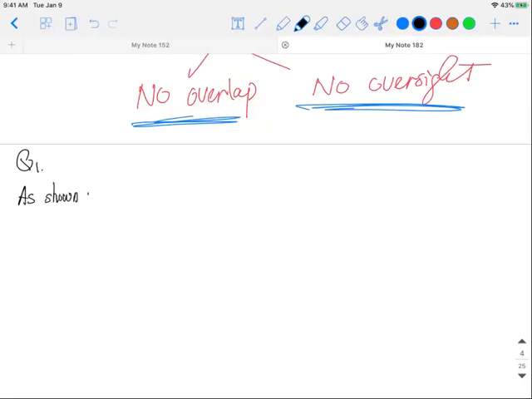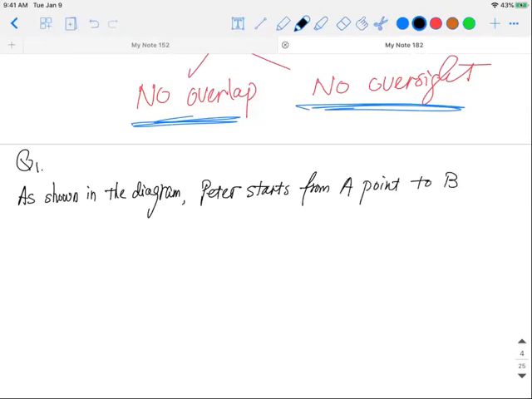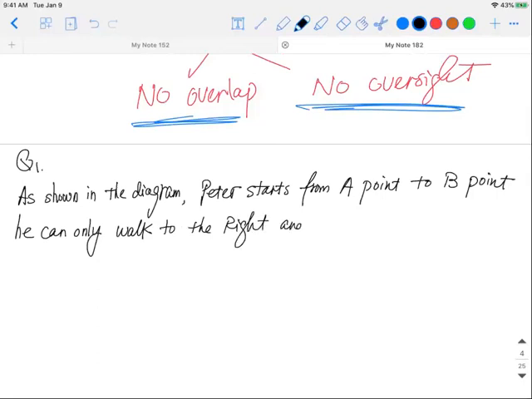As shown in the diagram, Peter starts from A point to B point. He can only walk to the right and to the south.